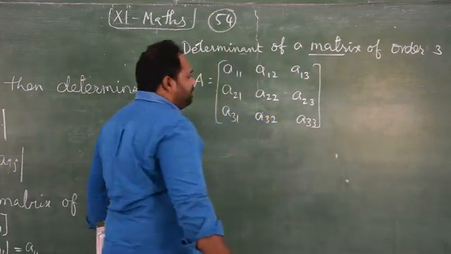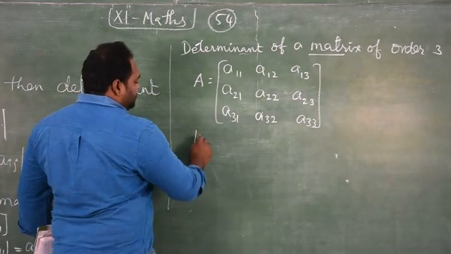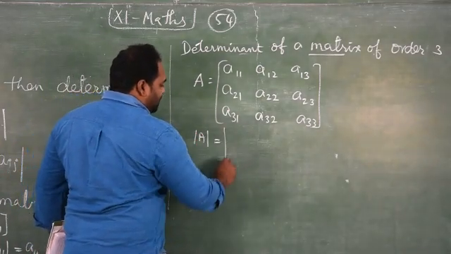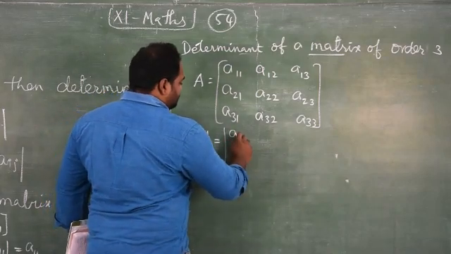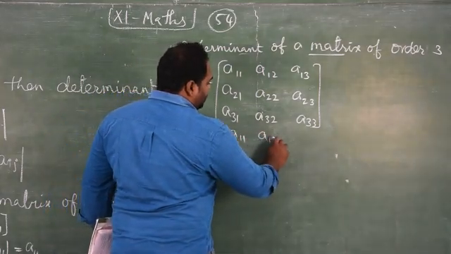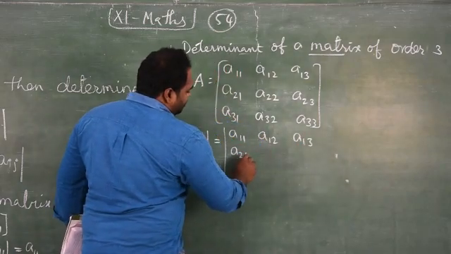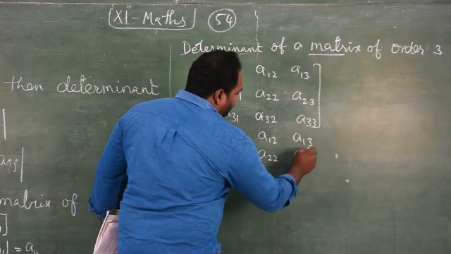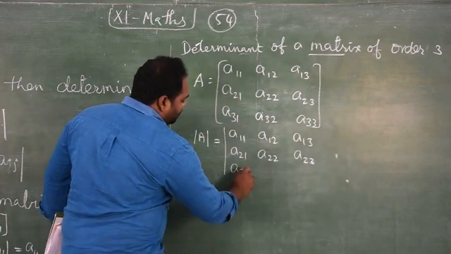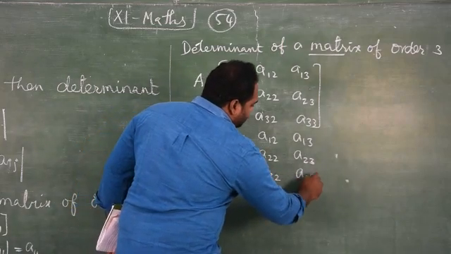So this is the perfect 3 cross 3 square matrix. Okay, how to find out modulus A? We have to write in the modulus symbol A11, A12, A13, A21, A22, A23, A31, A32, A33.